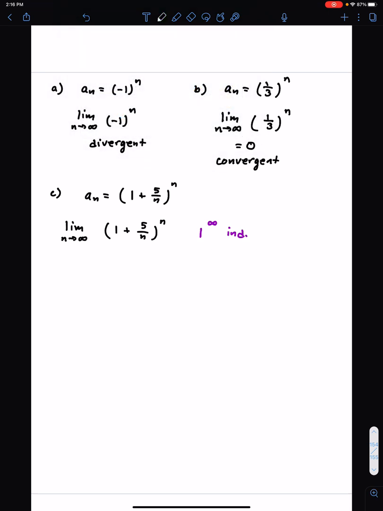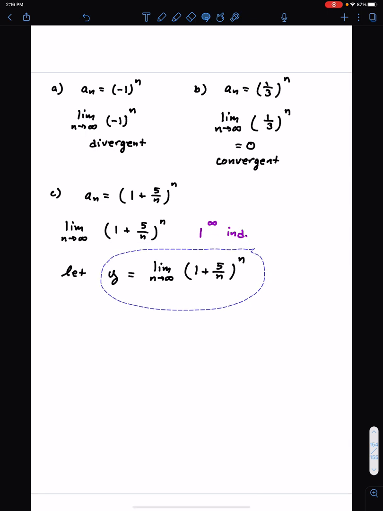So I'm going to let y equal this limit. The limit as n approaches infinity of 1 plus 5 over n to the nth power. Then I'm going to take a natural log of both sides.